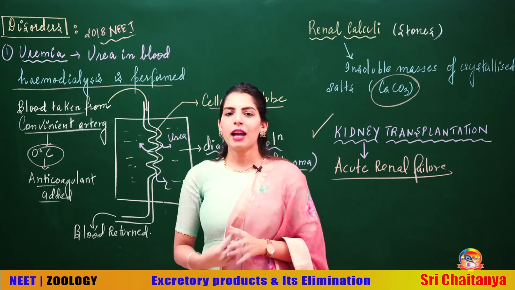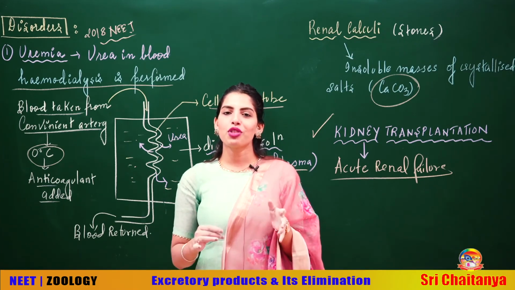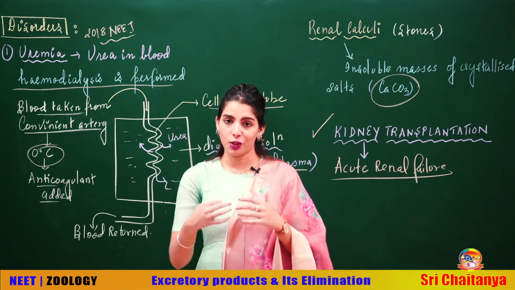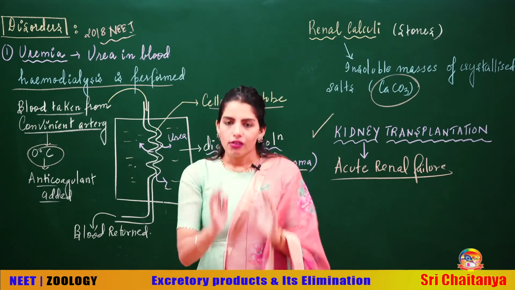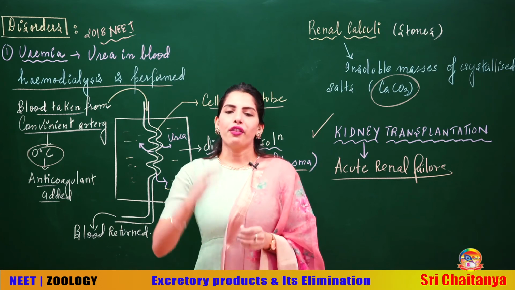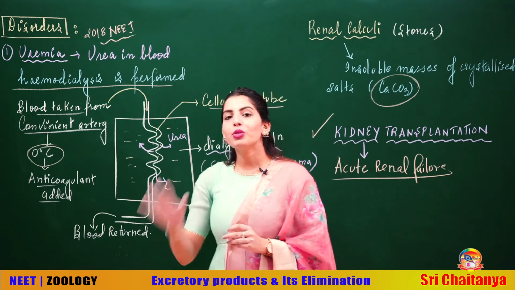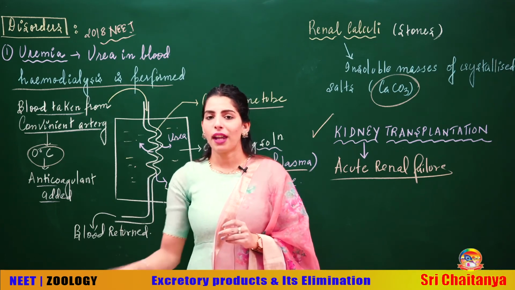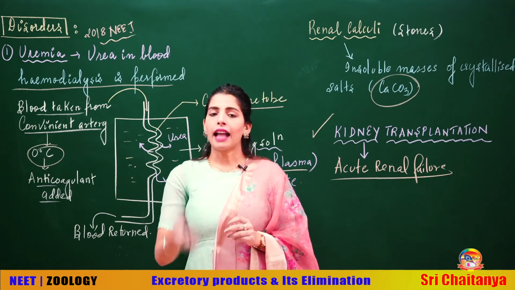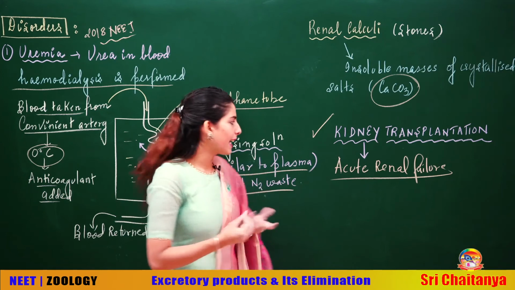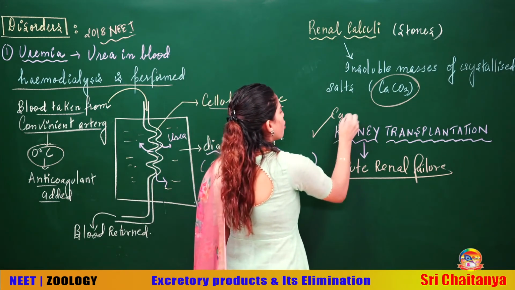And in the immunity chapter, you know that cell-mediated immune response is responsible for this rejection. Also, to prevent any unwanted immune response generation, often immunosuppressants are given to the patient who is receiving the kidney. And these immunosuppressants are like cyclosporin.